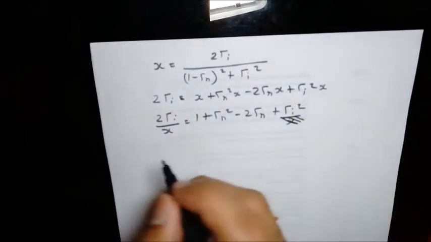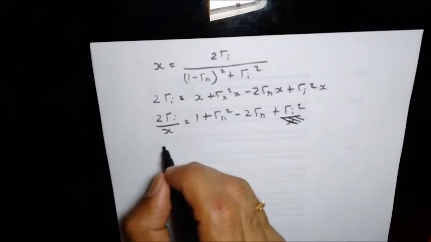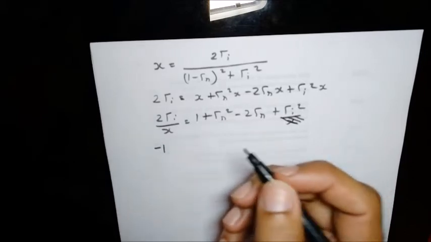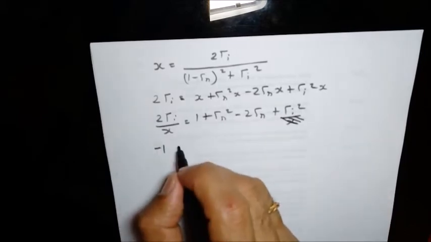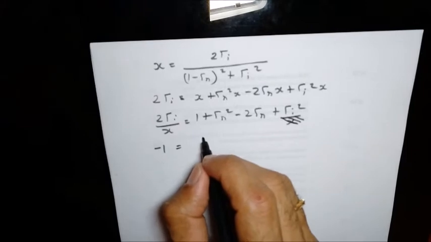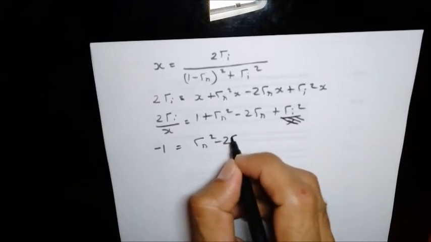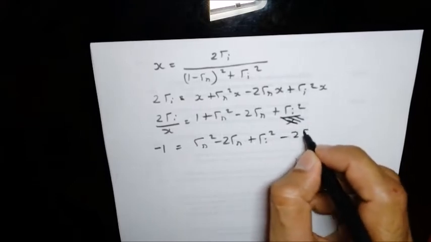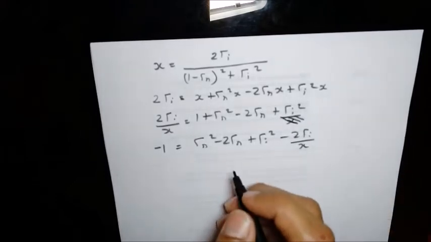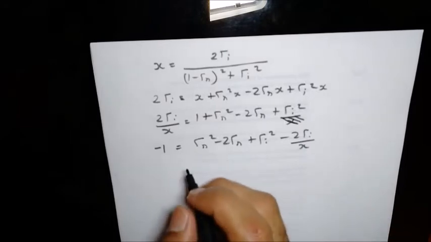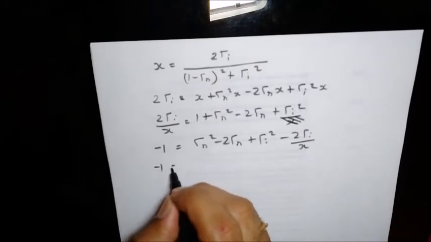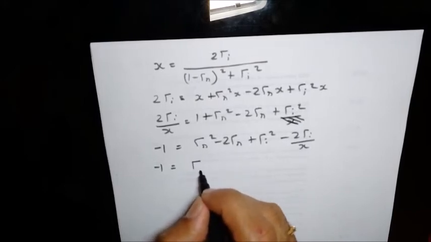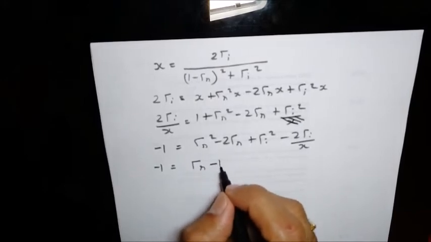Okay, and now I can write this as, if I take this one over here, it's just a simple manipulation, minus 1 equal to gamma r square minus 2 gamma r plus gamma I square minus 2 gamma I by x. So again I will use the method of completion of squares. So I will use it first over here, gamma r minus 1 whole square.